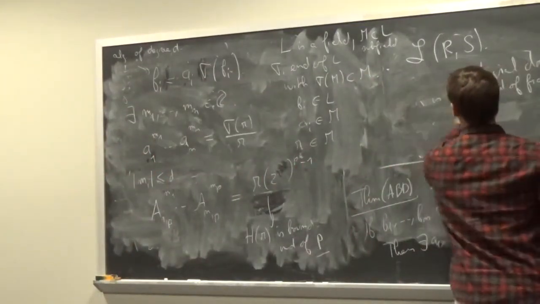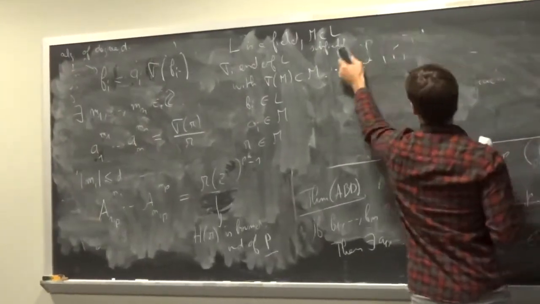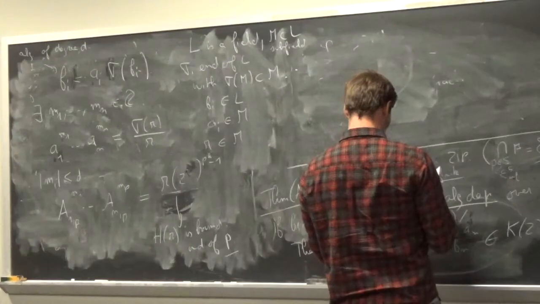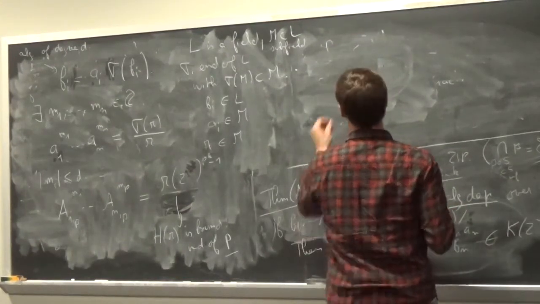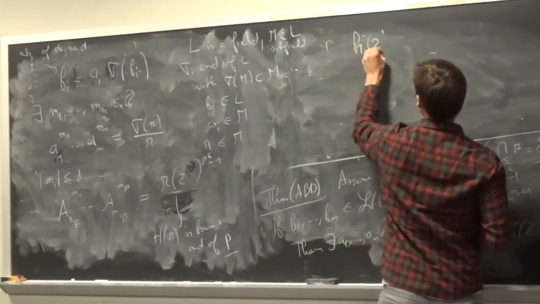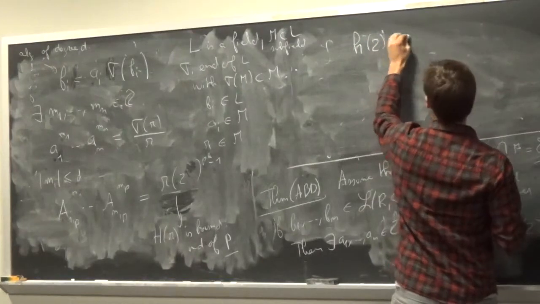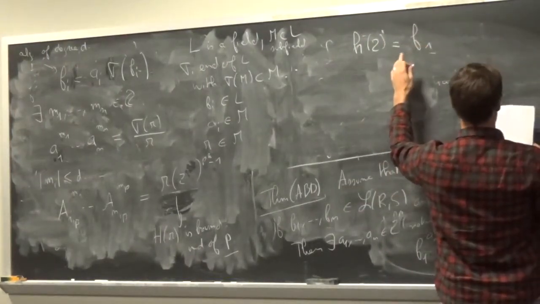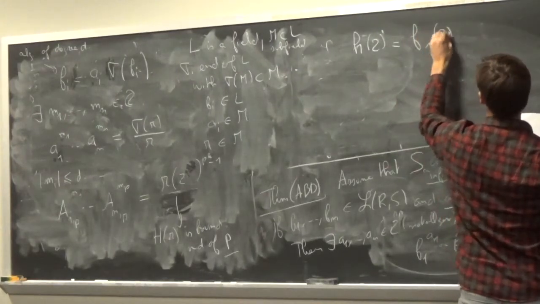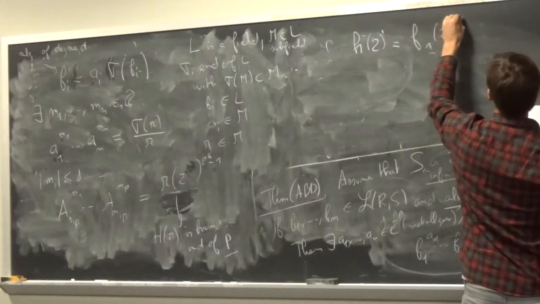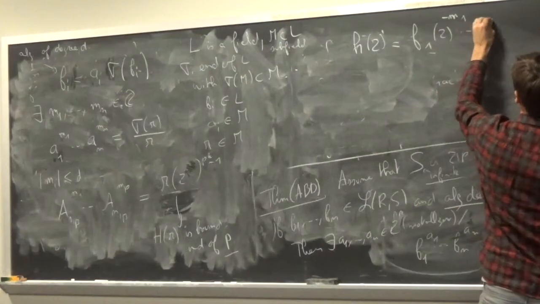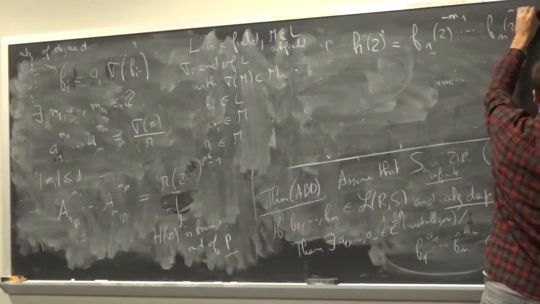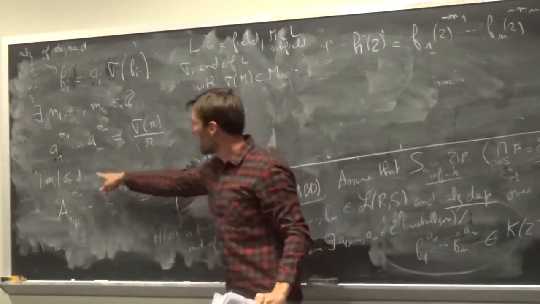And once you have this, you just write, I think very classical, you say H of Z is, so you start with functions f_1 to f_n. So you have f_1 of Z to the minus m_1 up to f_n of Z to the minus m_n, where the m_n are those guys.